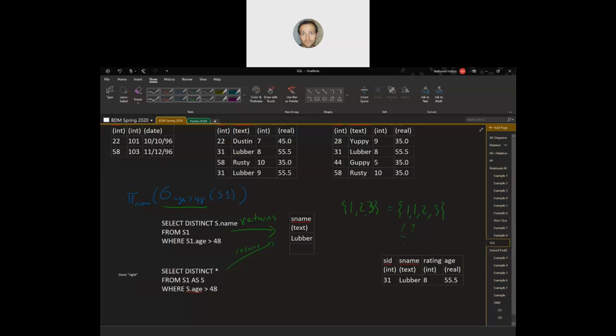Professor? Yes. I just have a question, but it's better if I just speak it than type it. Great. How could I understand why it doesn't matter in that scenario? But what if you had done select distinct star? Wouldn't it matter which lubber you pick out because they would have two different ratings?